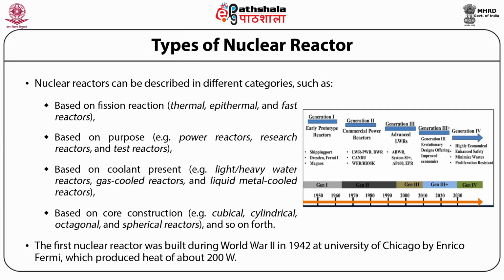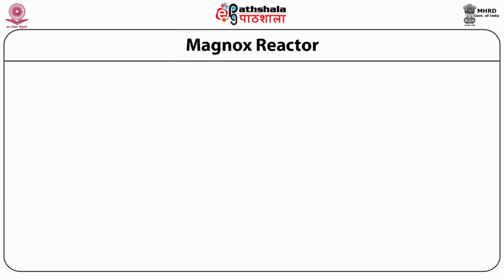This was a thermal reactor where uranium dioxide and graphite were used as nuclear fuel and moderator materials. However, no coolant and shielding materials were used in that reactor. Now we will discuss all the nuclear reactors one by one.